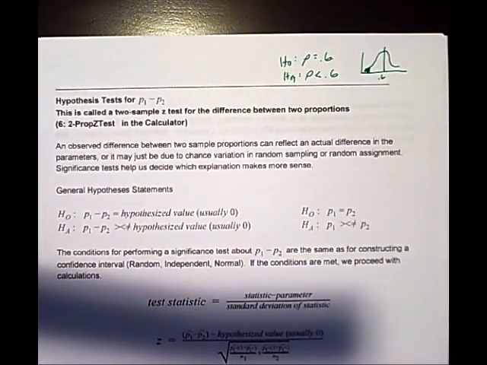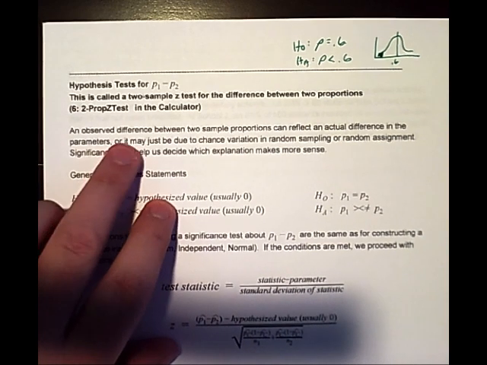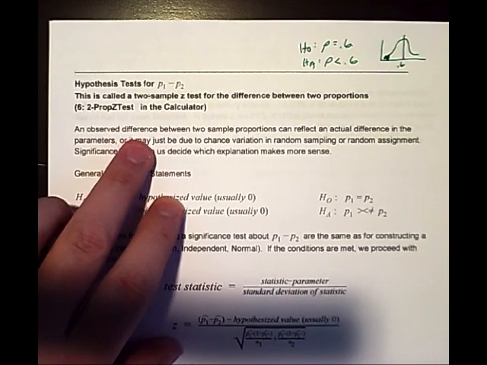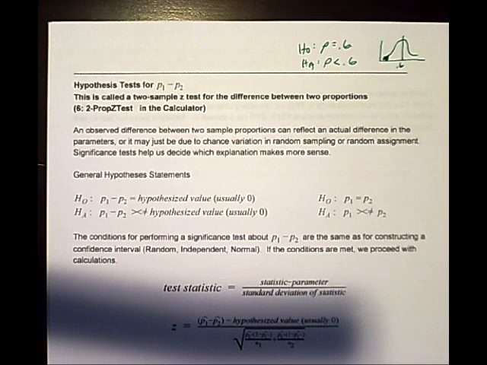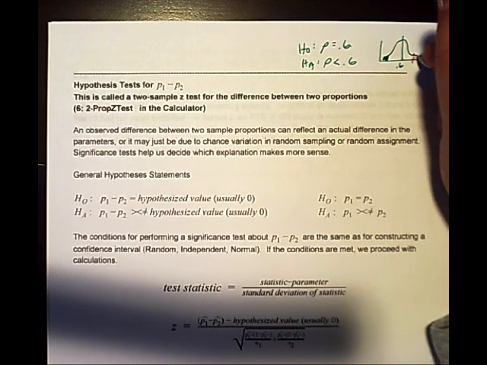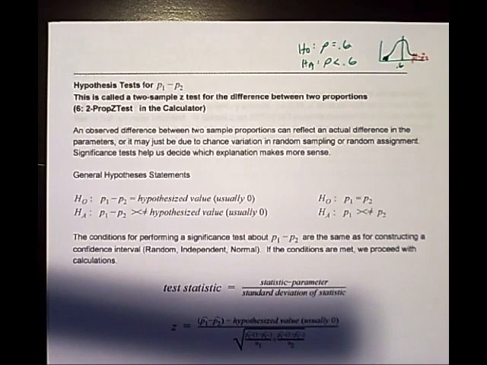All right. Now, let's kind of read this and think about what this is saying. Now, it says, an observed difference between 2 sample proportions can reflect an actual difference, which could be true. I mean, if you got one of your p-hat 1s minus p-hat 2s, if it's way over here, it could be the result of a real difference of the real parameter, okay?